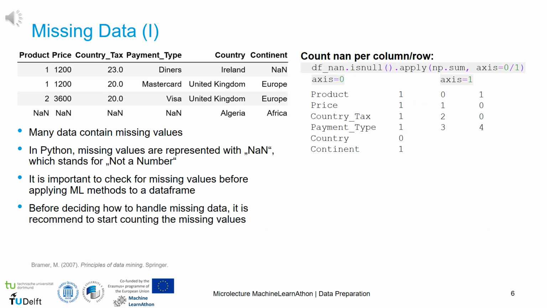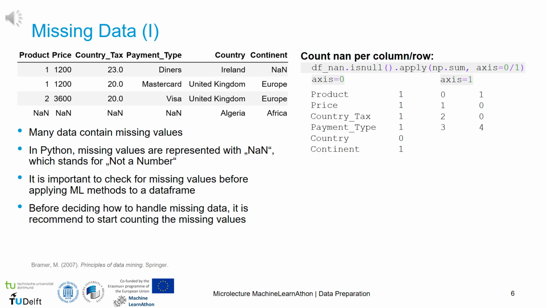Usually when dealing with real-world data, you'll encounter missing data in your dataset. In Python they are displayed with NaN, which stands for not a number. And there are multiple reasons why data could be missing. If the data are collected manually, maybe just someone forgot to insert the data. If they are collected by sensors, then maybe there is an error in the system, or maybe a sensor was defective.